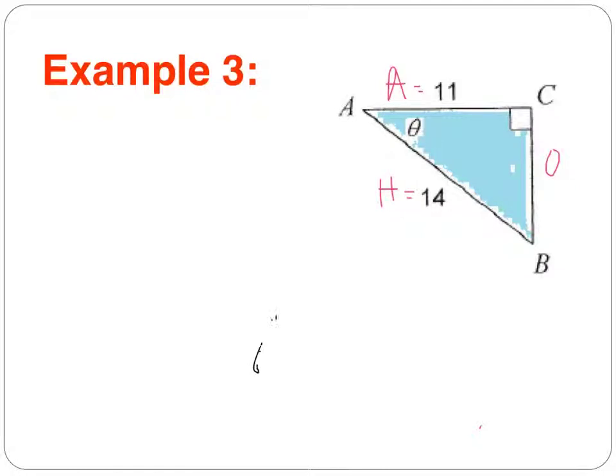So you will write cosine of theta equals 11 as the adjacent over 14, your hypotenuse. In order to solve for theta, we will go ahead and apply the inverse, and we'll use this notation.